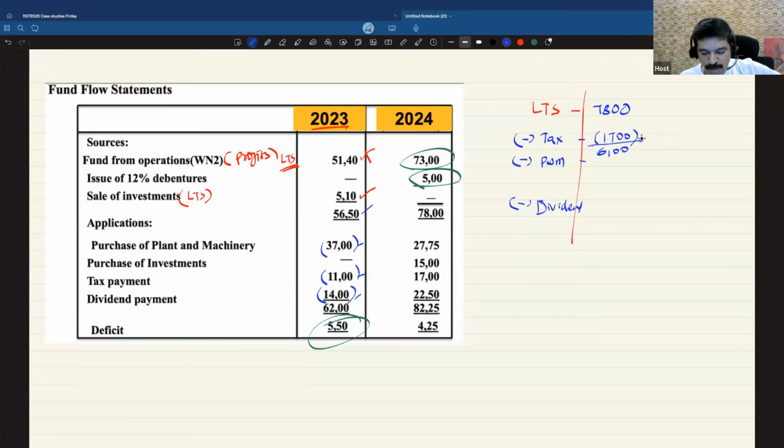So plant and machinery investment is 2,775. So 6,100 minus 2,775, they have 3,325. And dividend is only 2,250. So minus 2,250, it means they still have a surplus of 1,075.